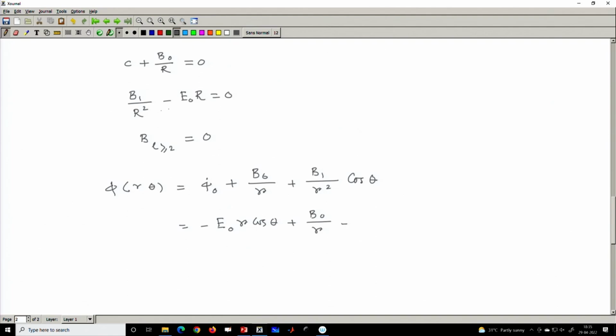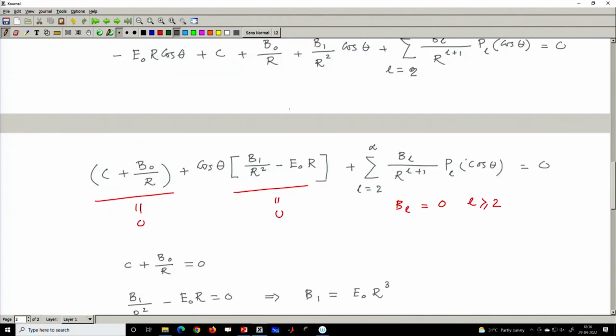B1 I can find from here, that B1 should be E0 R cube, and my C is minus of, so here we had a C, mind it.